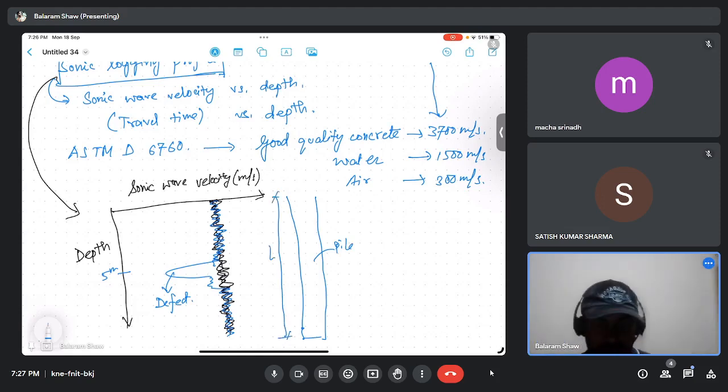Okay, so we'll get one average curve also if you want. So this one will be 3700 meter per second for concrete here, as we have seen. So as I said, this is also called the cross hole sonic logging method or cross hole ultrasonic method.